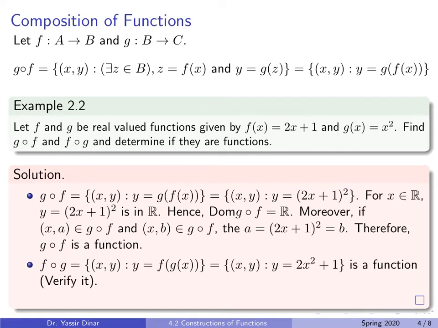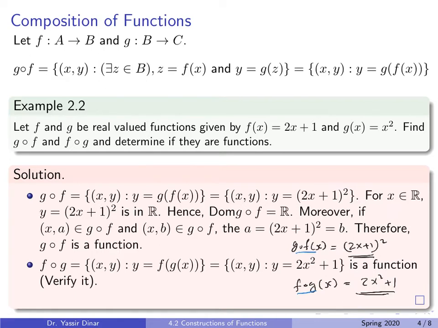(G circle F)(x) is equal to (2x plus 1) squared, whereas (F circle G)(x) is 2x squared plus 1, and these two functions are not equal. Recall that two functions are equal if they are equal as sets.